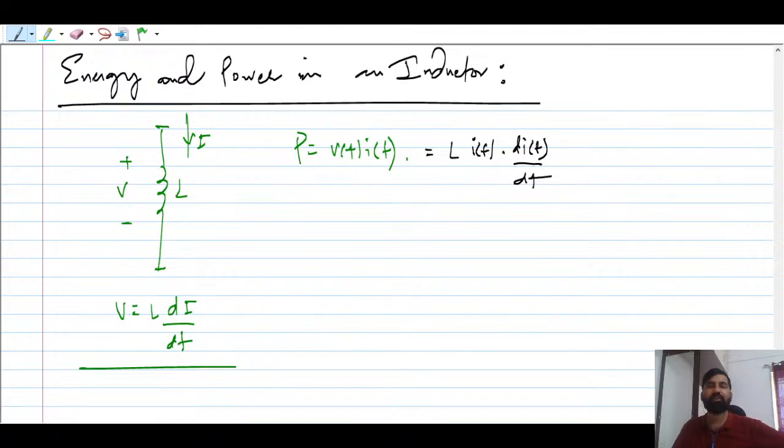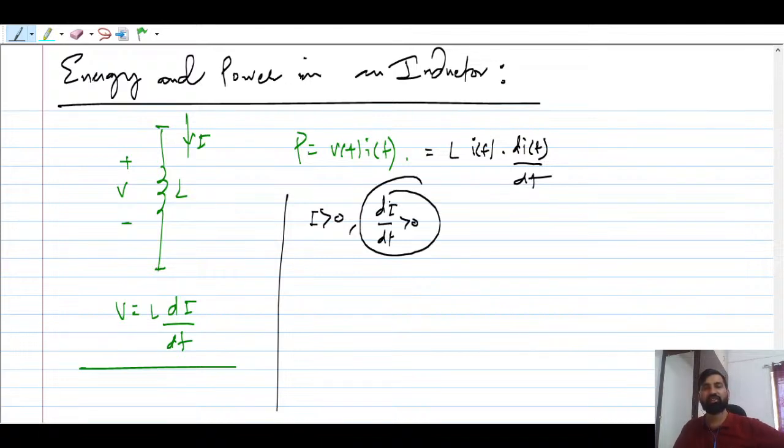Now suppose I is greater than 0, and the slope is increasing, you can say di by dt is greater than 0. Di by dt greater than 0 means the slope is increasing, your current is increasing. If current is increasing, what will happen? The power is going to get absorbed. It absorbs power.